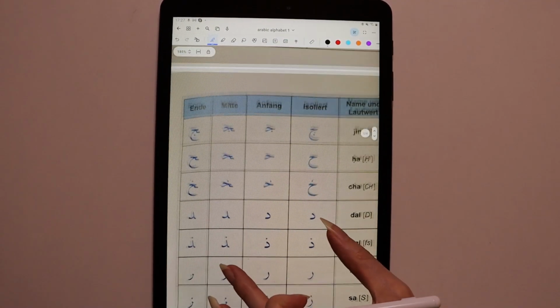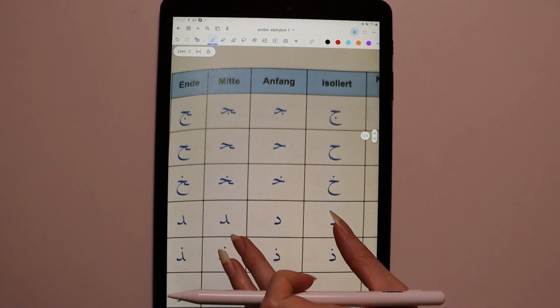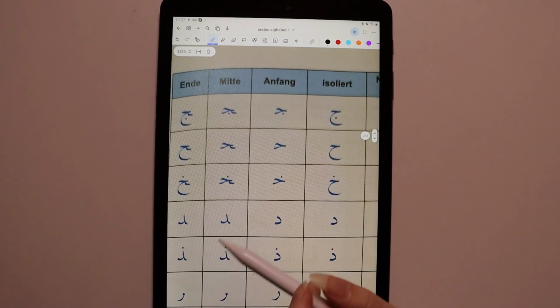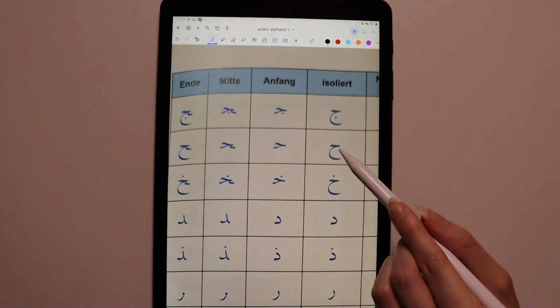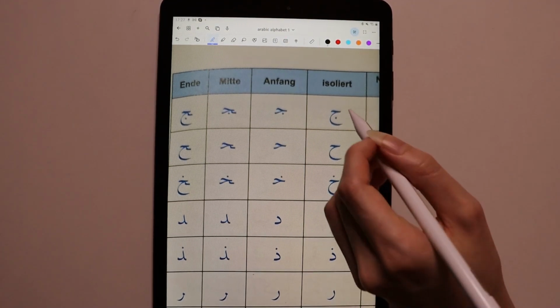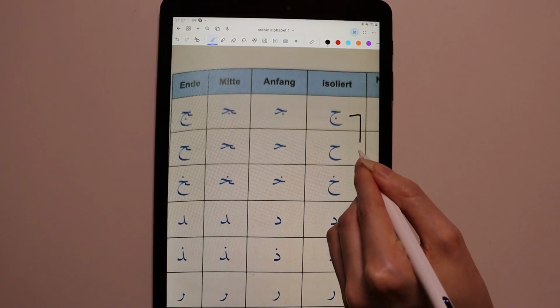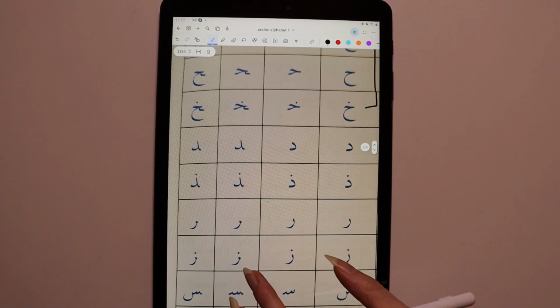And here we have 3 more letters, which again look the same, and the only difference is that here we have a dot in the middle of the letter, here no dot at all, and here a dot on top of the letter. So I'm going to connect them again. And then we have again 2 more letters.